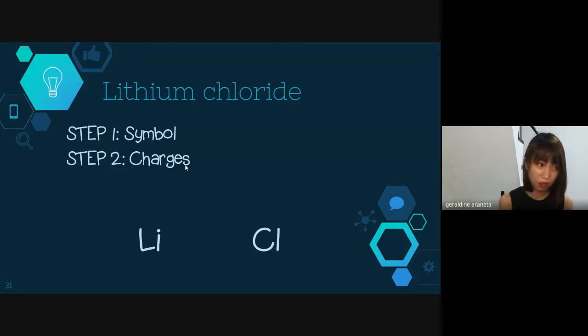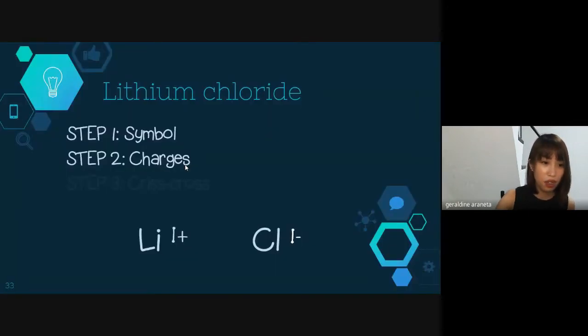In writing chemical formulas, we always choose the smaller oxidation number or the smaller charge. So for this, we have positive 1 and negative 1. Positive for lithium, negative for chlorine.